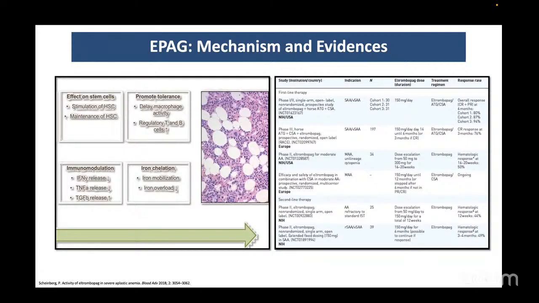Then it decreases interferon gamma, TNF alpha, TGF beta. We saw that these cytokines are actually mediating the stem cell damage. And then it also has a role in iron chelation by decreasing iron overload, which is considered to be toxic to the stem cell environment.